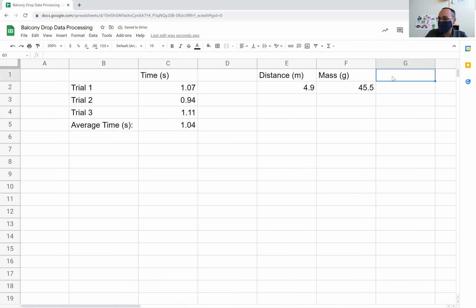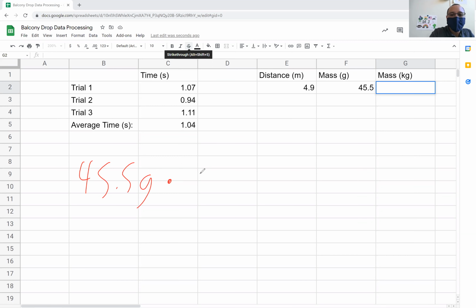And so what about mass in kilograms? We can put this in as a formula, okay? Let me show you how to enter that formula. If we remember from our work, if you start with a mass in grams and you want a mass in kilograms, you multiply 45.5 grams times 1.0 kilograms per 1,000 grams.